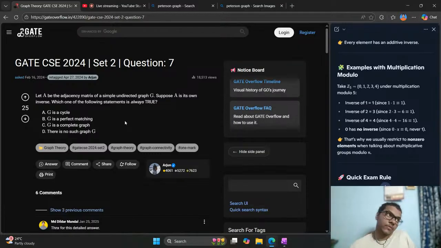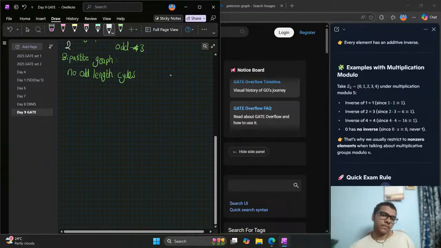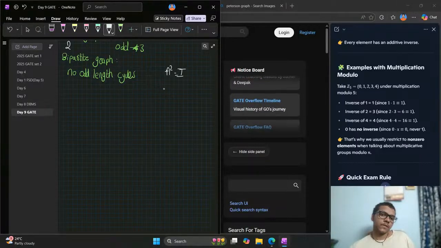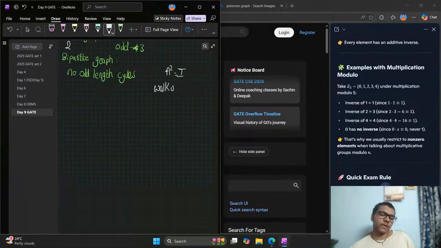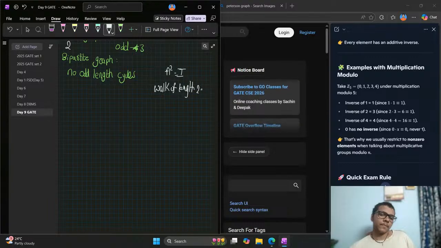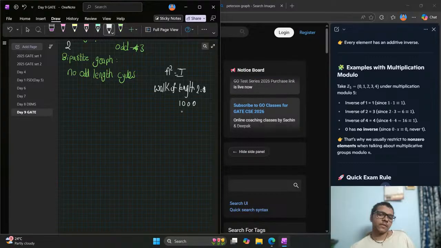Yeah, I have done this one actually. So that is A squared equals Y. So path of length, that means walk of length 2 is equal to walk of length 2. So that will be this.